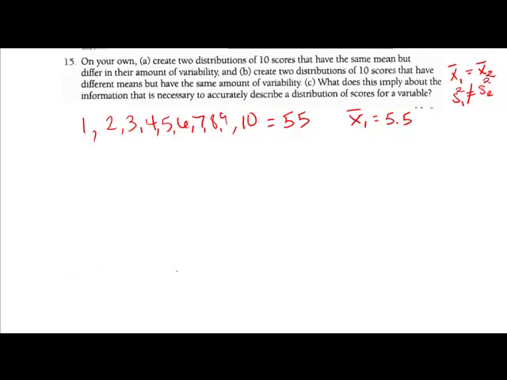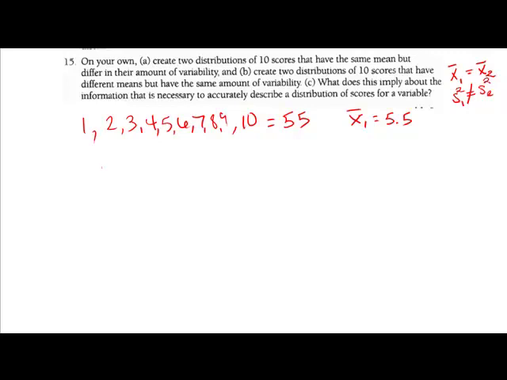Now, I need to create another group of 10 scores that have the same mean, but differ in their amount of variability. 10 scores, 5.5 is going to be their average, but the sum of the scores has to add up to 55. In my mind, I'm thinking, okay, 55 over 10 is 5.5.